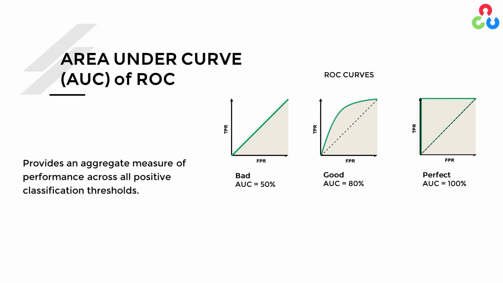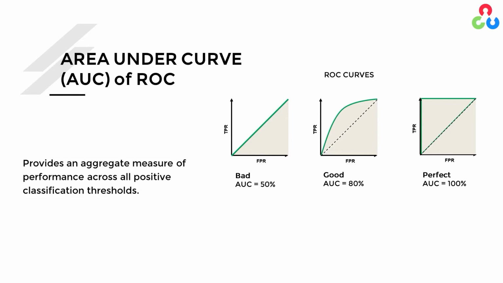The score ranges typically from 0.5 to 1, and the score being 1 is the ideal case where the true positive rate is 1 and the false positive rate is 0, which means we correctly classified all positive and negative samples in the dataset. The area under the curve is an aggregate performance measure across all possible classification thresholds.